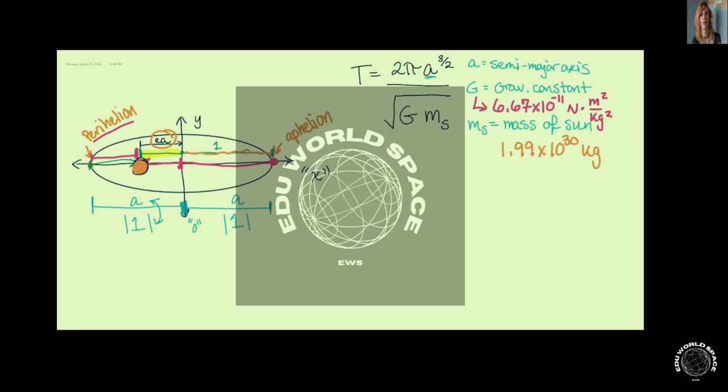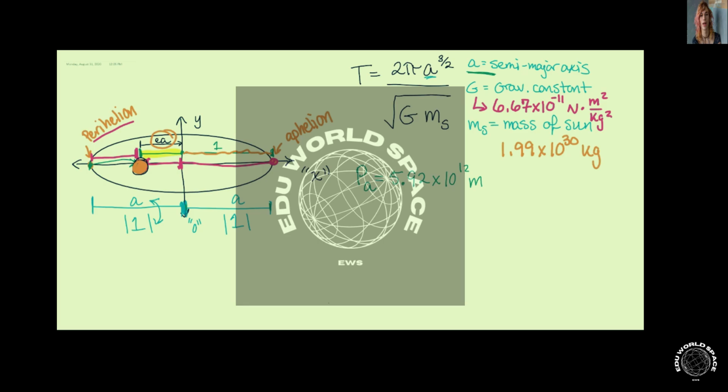The one thing you're going to get from your planet is the semi-major axis. So for Pluto, let's say Pluto's a is 5.92 times 10 to the 12th meters.